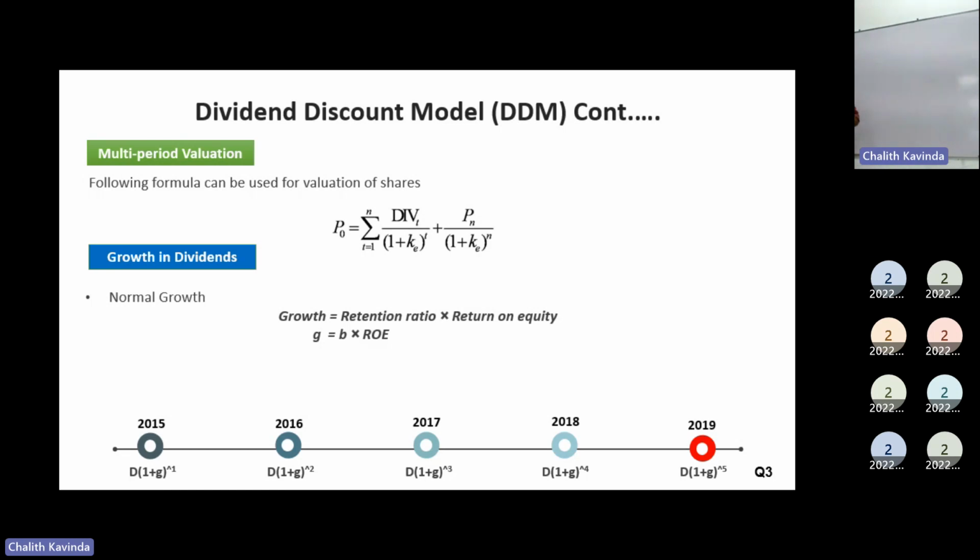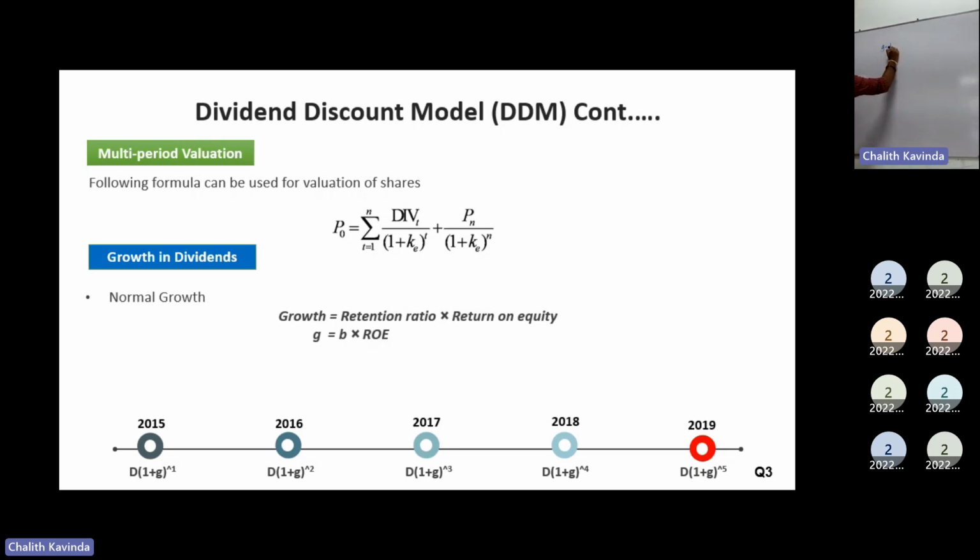Right, okay. So we are using something called a growth rate to calculate the next year dividends. There are plenty of models available for you to calculate the growth. You can use industry weightages, you can use macroeconomic fundamentals to calculate the growth rate. But for our simplicity, we are calculating the growth rate like this.